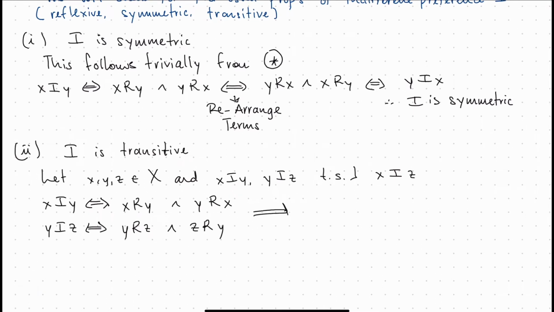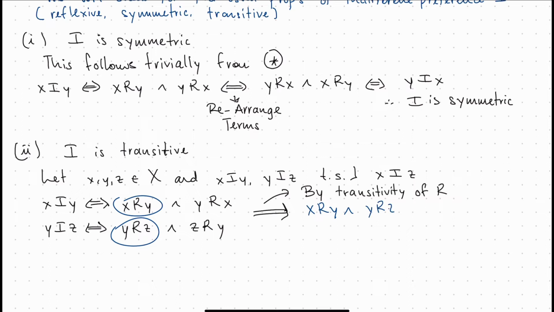By transitivity of R, we have x R y and y R z, which implies x R z.